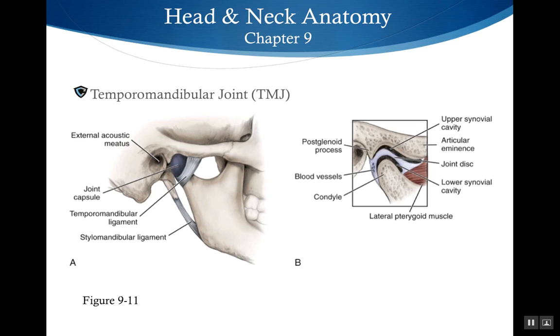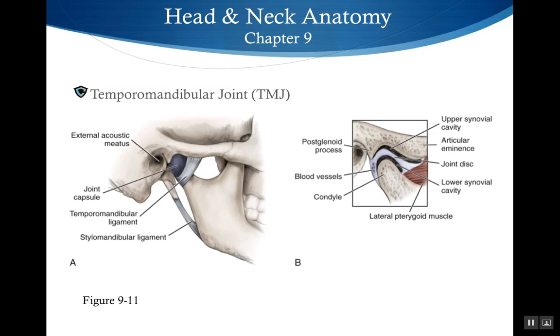The mandible, as we said before, is attached to the cranium by ligaments, and it's held in place by the muscles of mastication. Let's look at this joint in a little more detail. The glenoid fossa is an oval depression in the temporal bone, just in front of, or anterior to, the external auditory meatus, and it's lined with fibrous connective tissue.